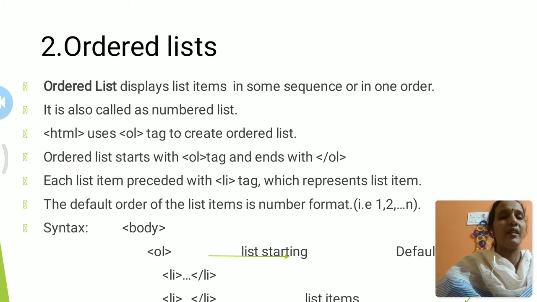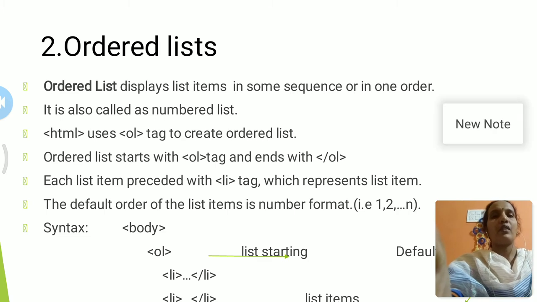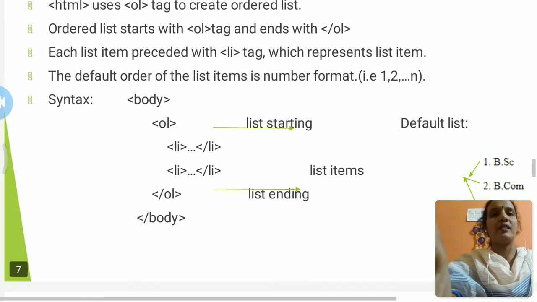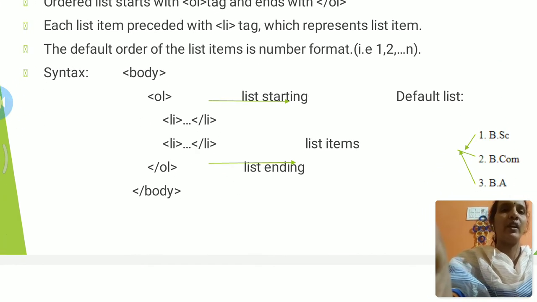Each and every list item should be included between an LI opening and closing tag. You can see the syntax in the body section: the OL opening tag. An ordered list always starts with OL and ends with closing OL. Each list item is preceded with LI, so all list items should be included between an LI opening and LI closing.